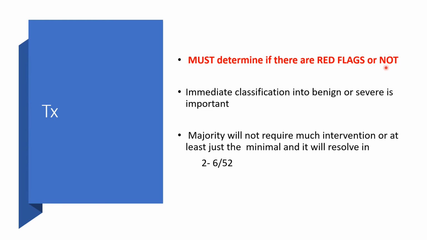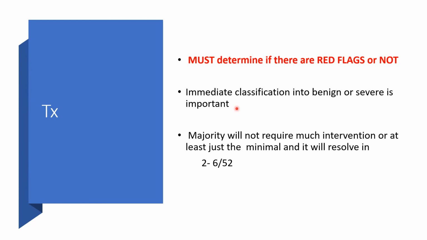And let me end that by saying, for example, the diagnosis is dissecting abdominal aortic aneurysm. What am I waiting for? Cardiothoracic unit. Immediate classification into benign or severe is pretty important.